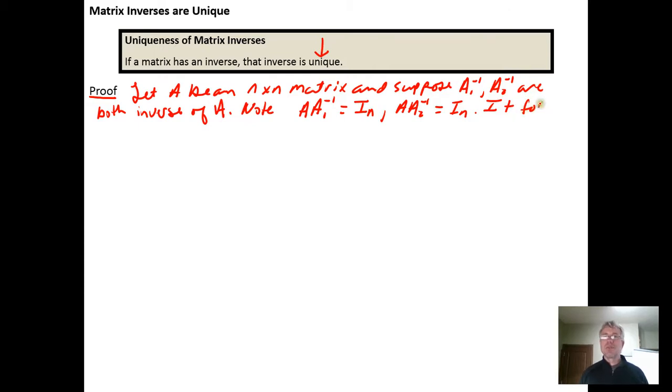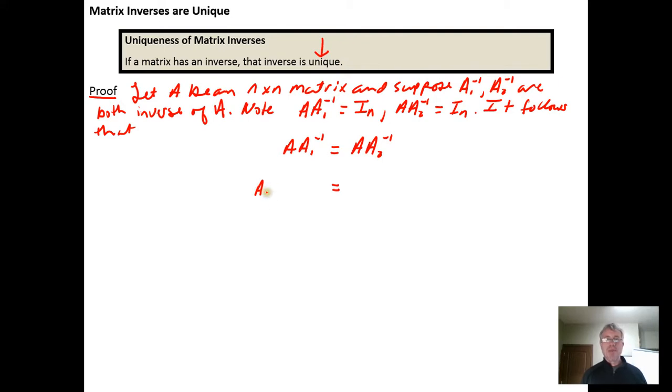So it follows that it must be true that A times A sub 1 inverse, which equals the identity matrix, must equal A times A sub 2 inverse. So we have A times this first inverse equaling A times the second inverse. And then what we do is we take either one of these two inverses that we've identified, it doesn't matter which one, we just multiply both sides by that inverse.